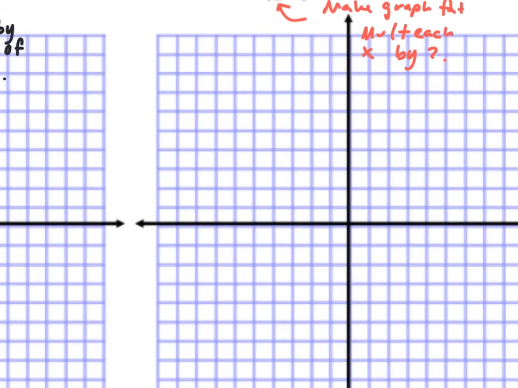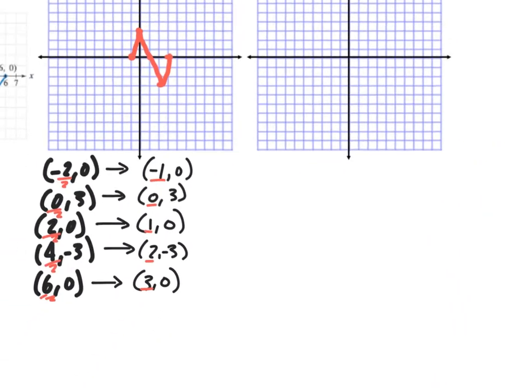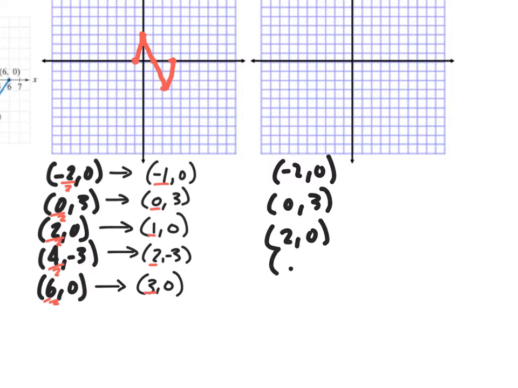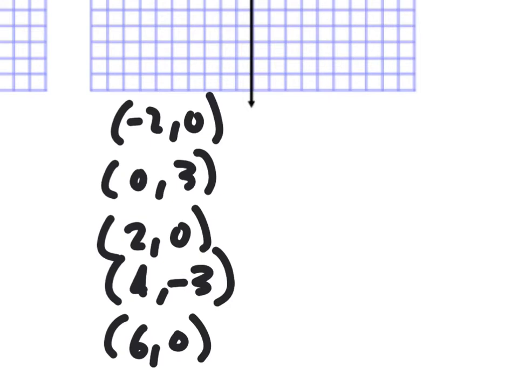Let's go in here and write down these same points: -2, 0, 0, 3, 2, 0, 4, -3, and then 6, 0. We're going to multiply each of our x values by 2 to get our new x value.